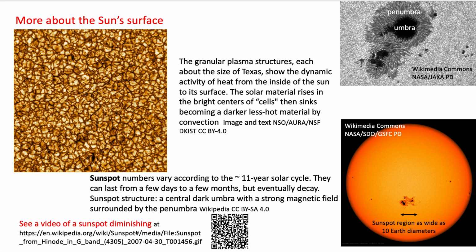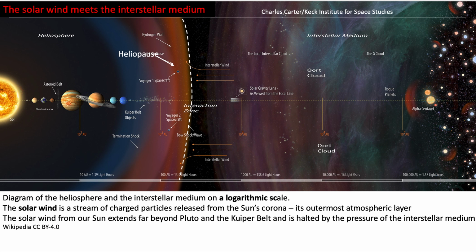And some sunspots there, and again you can pause to read about the 11-year solar cycle. So what do we have from the sun? We have light, heat, energy heading outwards, and something called the solar wind.